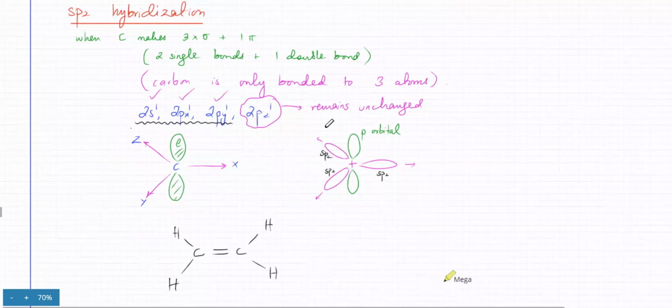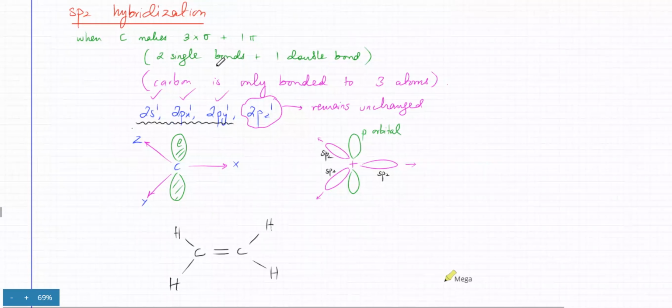What's the rule: when does sp2 hybridization happen? When carbon is only bonded to three atoms. So how many atoms is this carbon atom bonded to? Three. Okay, because it's bonded to hydrogen and another hydrogen, and on one side it's bonded to a carbon.